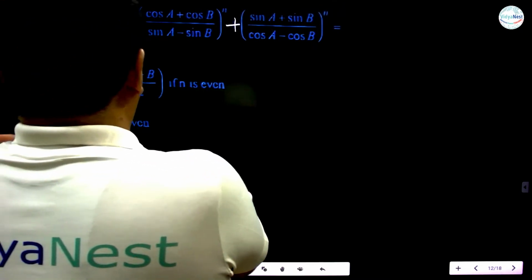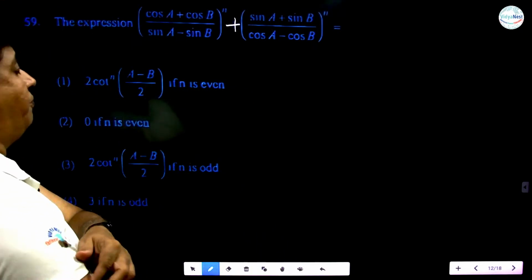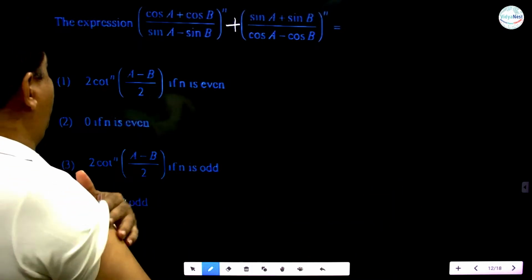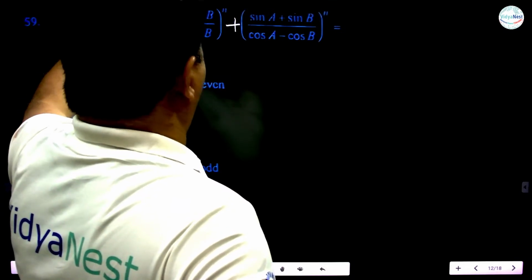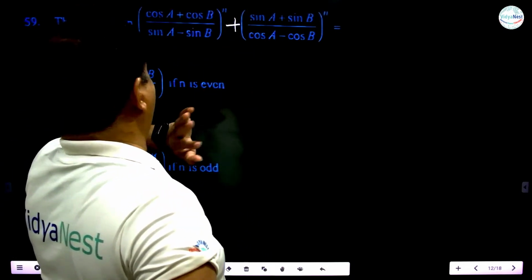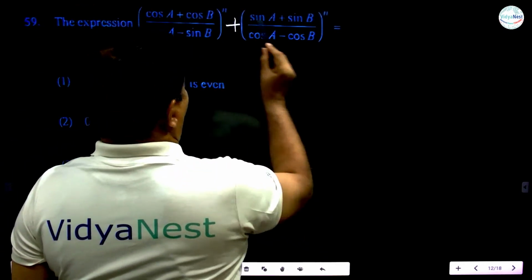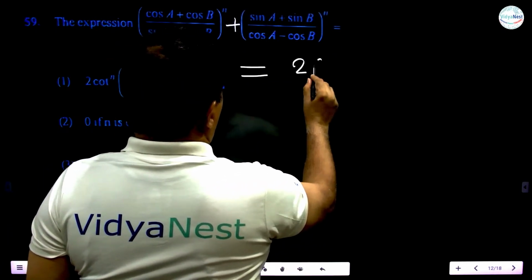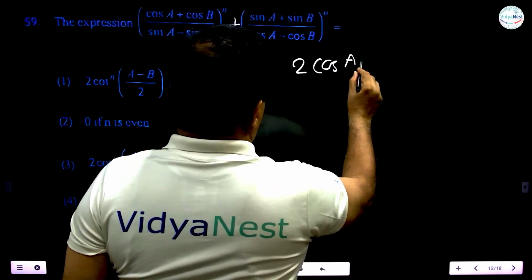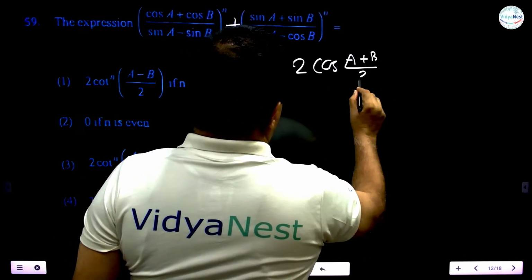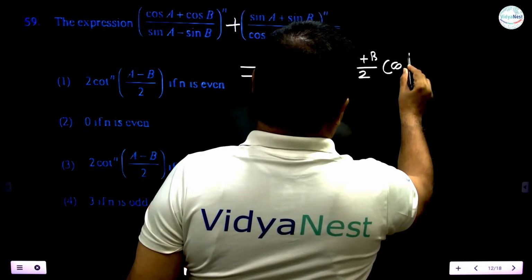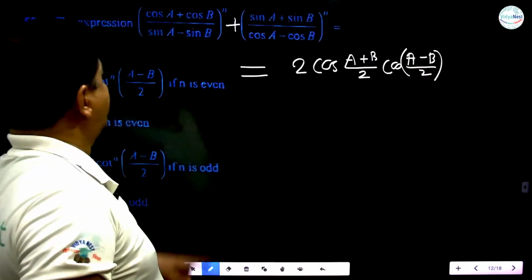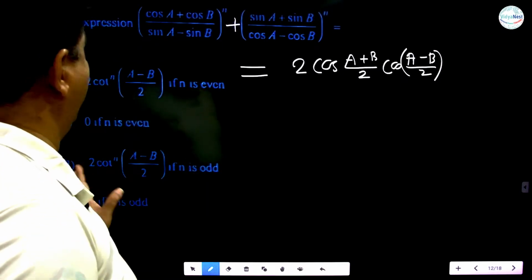Now let's start with the straight approach of the formula: cos C plus cos D, sin C minus sin D, sin C plus sin D, cos C minus cos D. See, first of all, cos A plus cos B will give us 2 cos (A plus B by 2) cos (A minus B by 2). So instead of cos A plus cos B, you can write that.